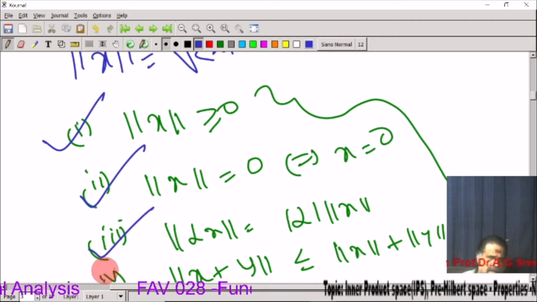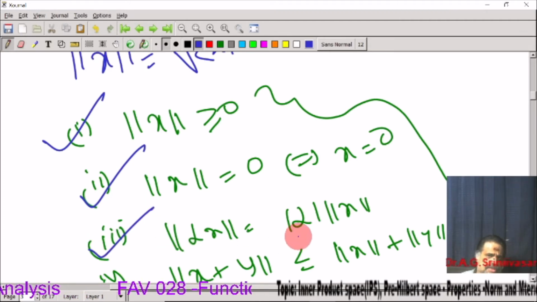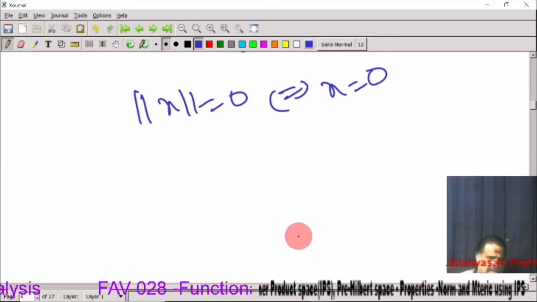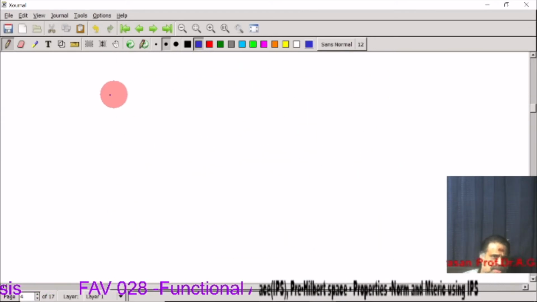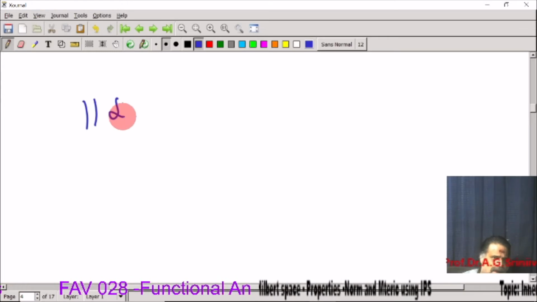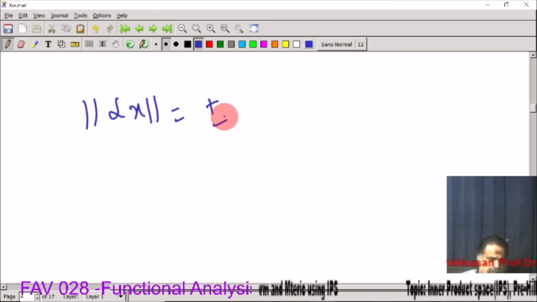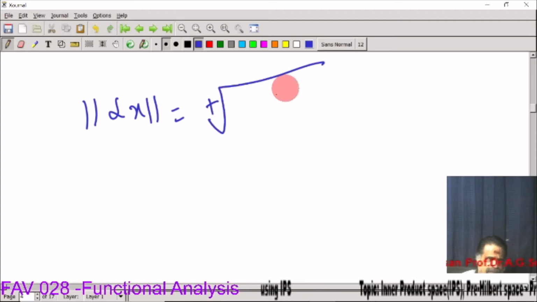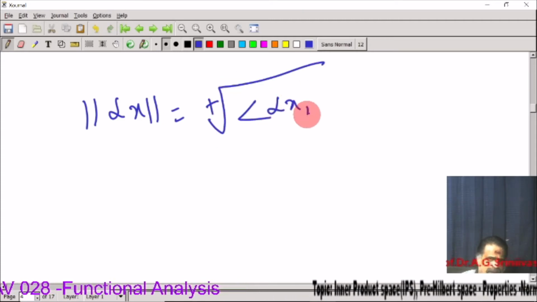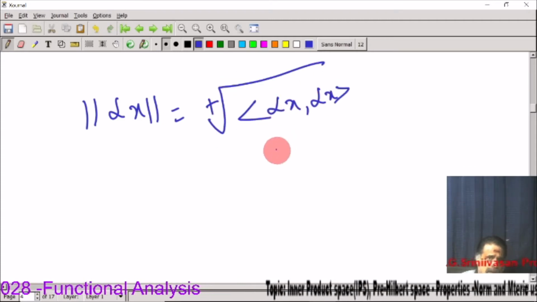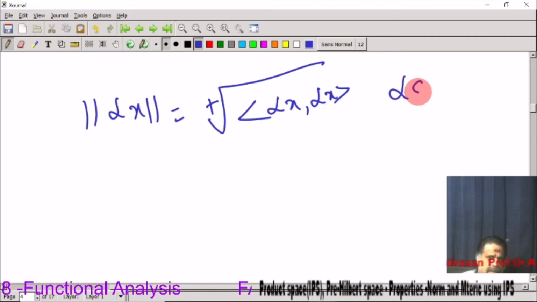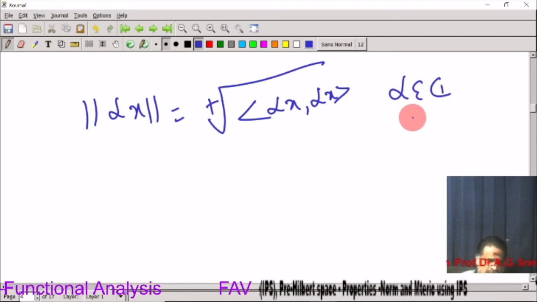Now I verify this axiom. What is that? Norm of alpha x is modulus alpha into norm x. For this, let me start with the norm of alpha x. This is by definition the positive square root of inner product alpha x comma alpha x. Now alpha can be a complex number as well, need not be a real number.